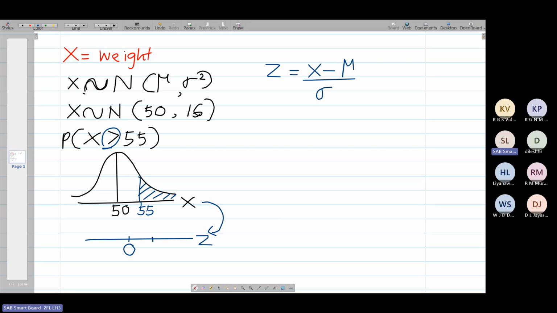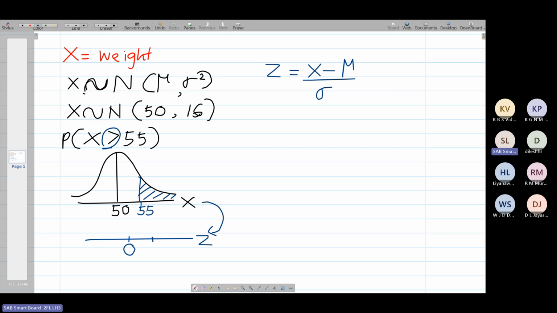In the annual exam also, this is the way they find the Z score. X minus mean value divided by standard deviation. X is the random variable value, mu is the population mean, divided by the standard deviation, not the variance. Remember those things.